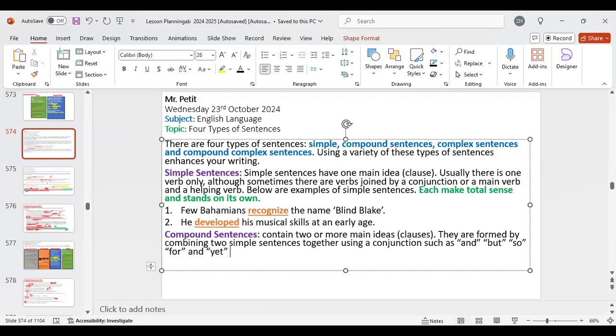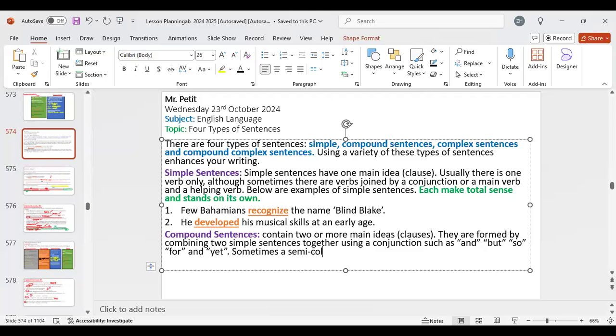So whenever you combine two sentences together using conjunctions like and, but, so, for, yet, then you can create a compound sentence. We can also create a compound sentence by using a semicolon. You know what a semicolon is, right?